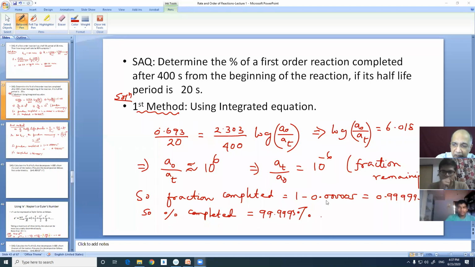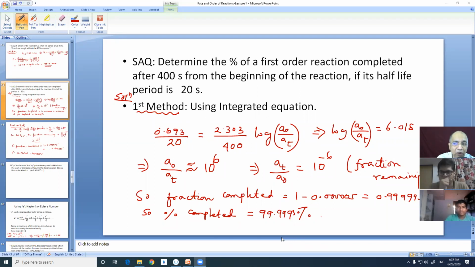Exactly, how many zeros? 1, 2, 3, 4, 5 zeros and then 5. So 1 minus this will be 0.999995. So the percentage completed is 99.9995%. Maybe we can call it 100%, but truly as per the question that demands the exact value, you have to use that.